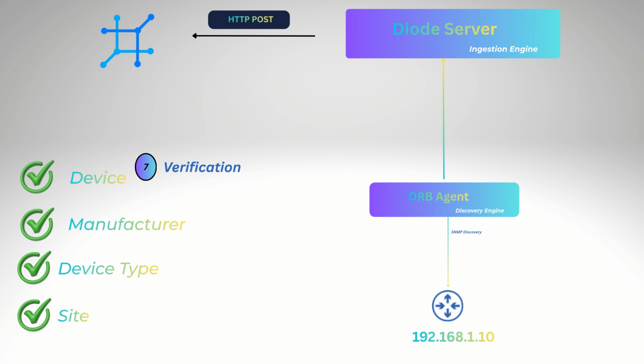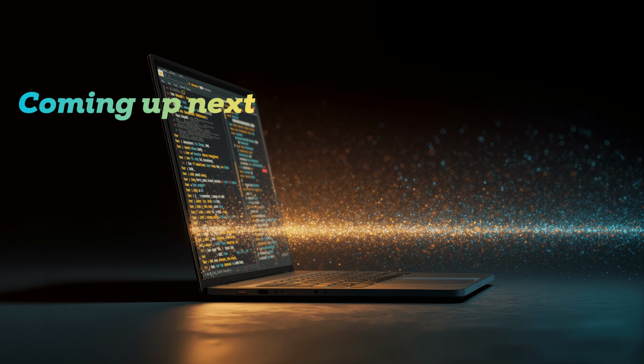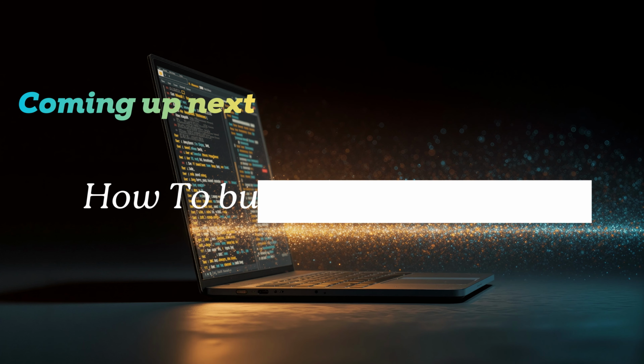The whole process from SNMP query to NetBox entry takes 5 to 10 seconds per device. And the beauty is this keeps running on schedule. I have mine set up to run every 10 minutes, so any changes in my network are automatically reflected in NetBox.